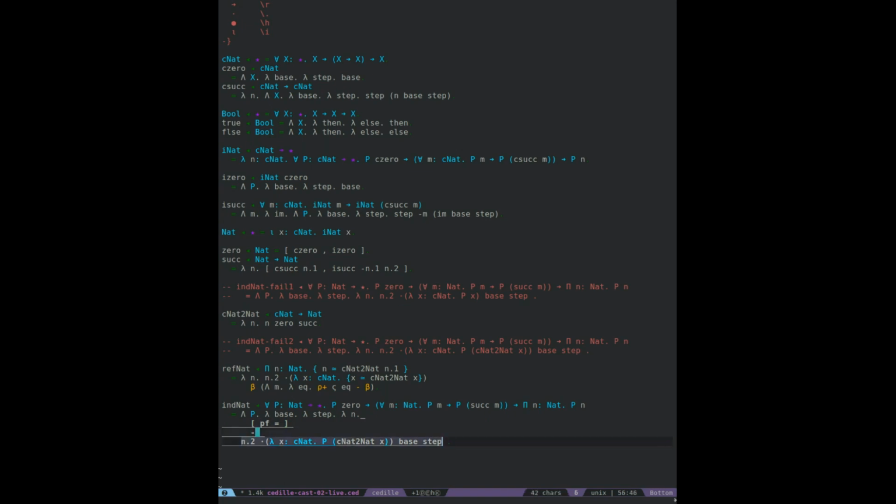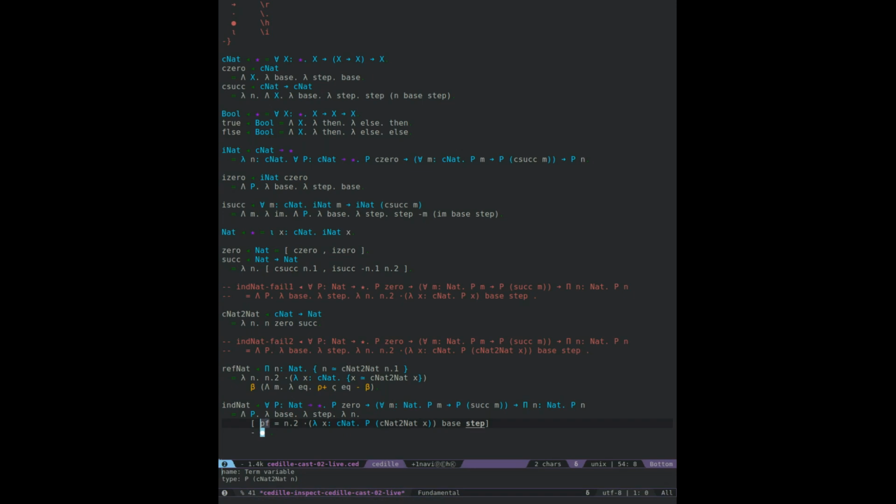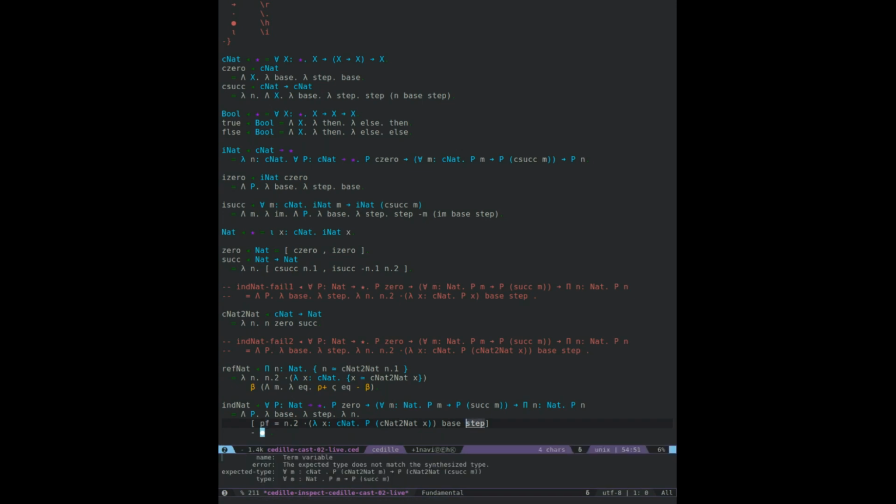You'll see here in a little bit, once I get Cedille to stop giving me this angry highlighting of error. I can say what is PF? Well, it's the type that we had before, that P holds for our converted M.